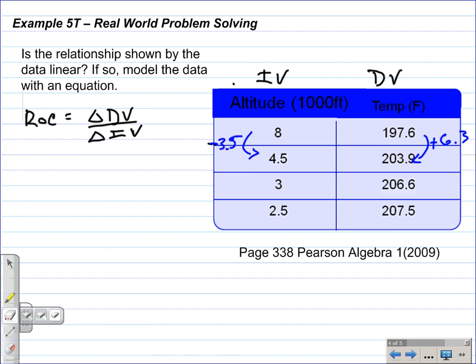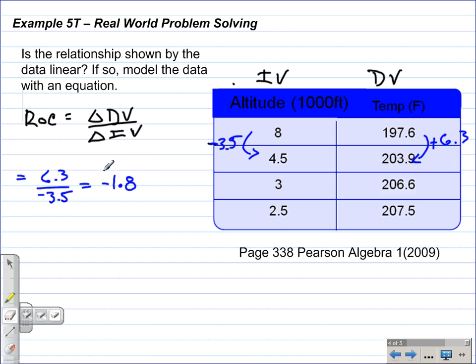So we can find that rate of change over here, remembering the change in the dependent variable over the change in the independent variable. So that'd be 6.3 over negative 3.5. And we can just simply divide that out using a calculator, and that would give a negative 1.8.